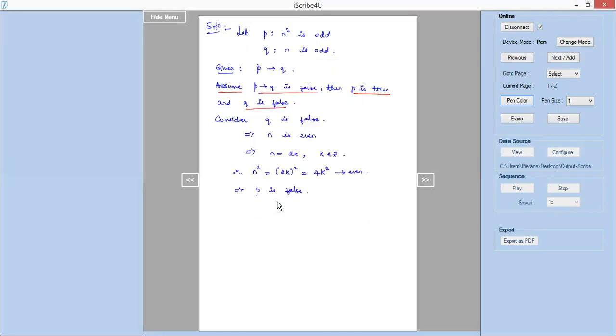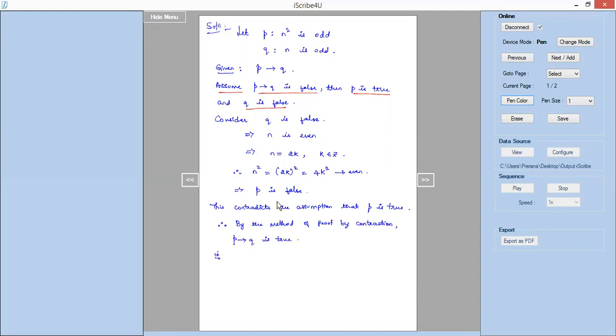We will write the same thing. This contradicts the assumption that P is true. So therefore, by the method of proof by contradiction, P conditional Q is true.